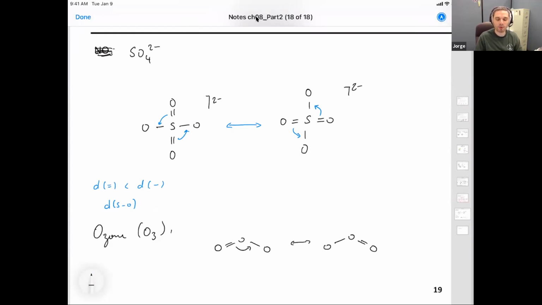Because of the movement of the double bond, we call these resonance structures. Okay. And to indicate the resonance, we have the line with the double arrowhead.